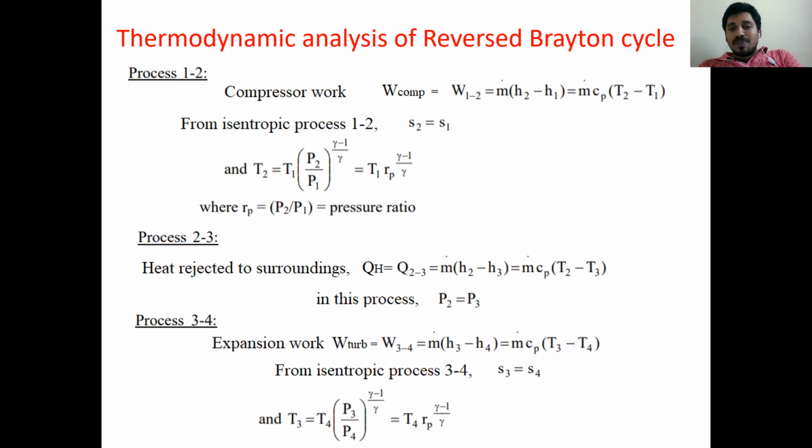So P3 by P4 can also be written as P2 by P1. You have to understand that carefully. P3 by P4 equals P2 by P1 because P3 is equal to P2 and P4 is equal to P1 at the heat exchanger sections. That's why T3 can be written as T4 into Rp power (gamma minus 1) by gamma, where Rp is the pressure ratio P3 by P4, which is nothing but P2 by P1.